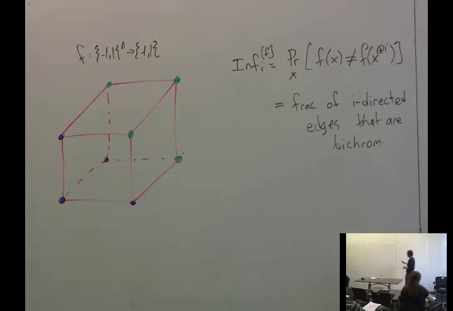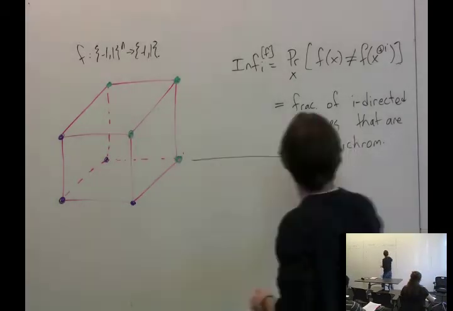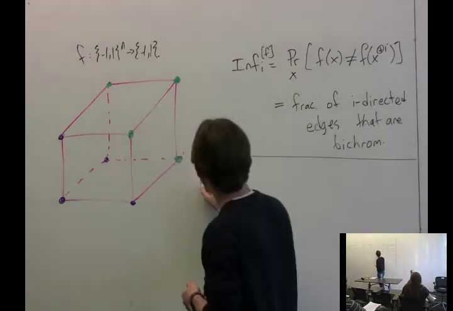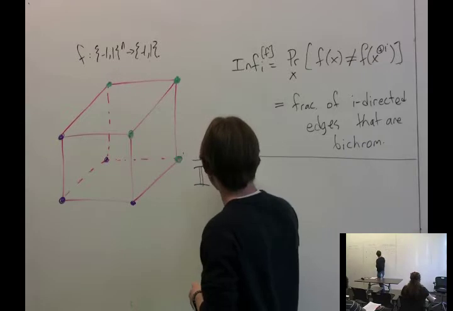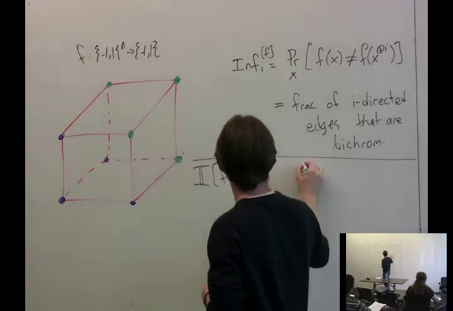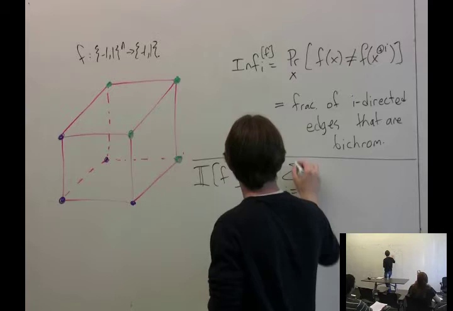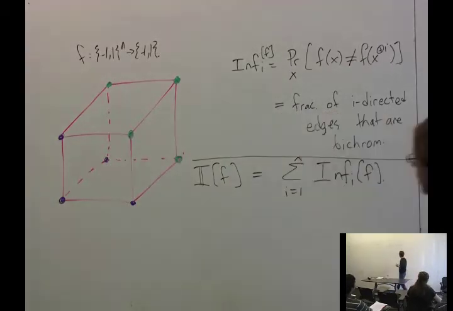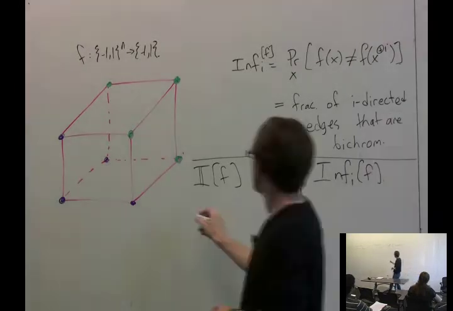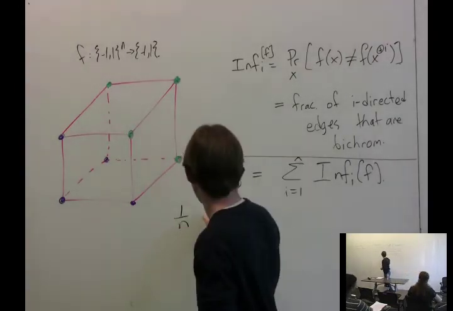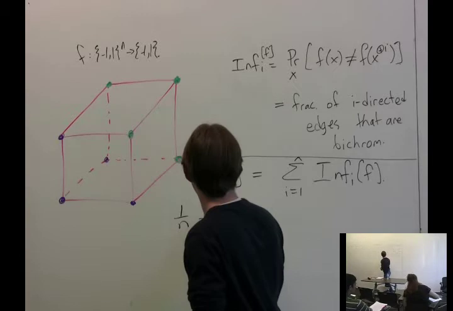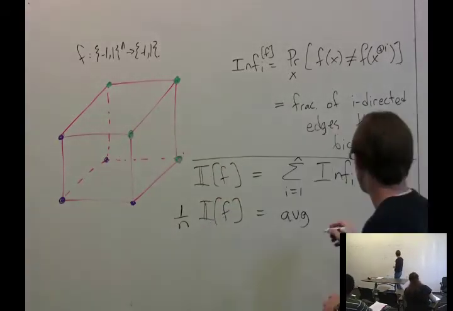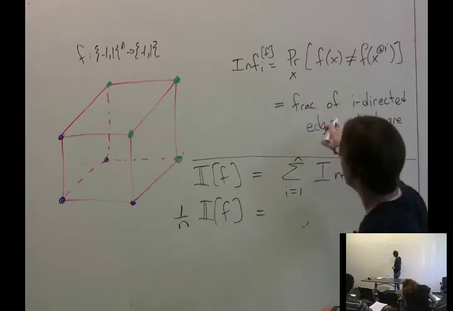Okay, and with this interpretation, it's reasonable to look at this thing that we introduced, the total influence, which was the sum of the influences. Now you can see one good reason to sum them is that if I actually just divide both sides here by n, I can think of this as the average of the influences.